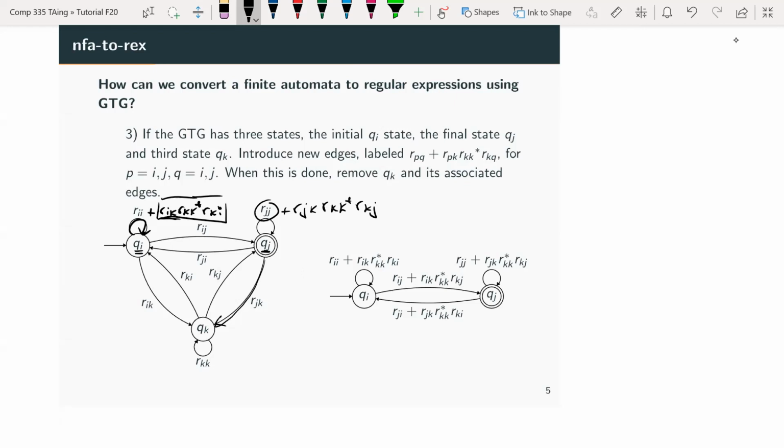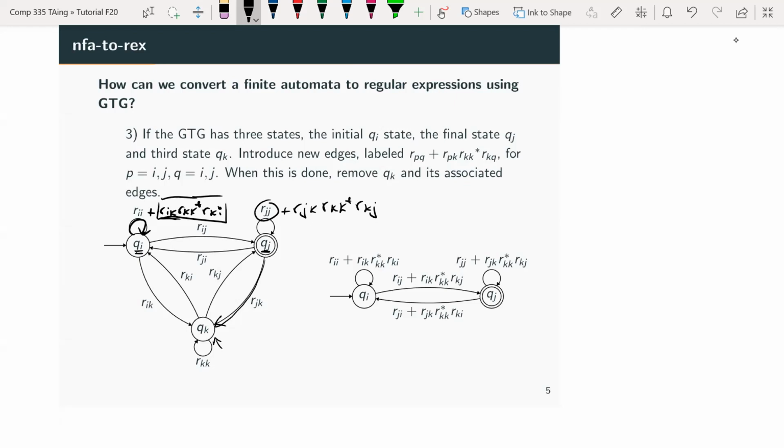So you repeat the process. You can do the same thing to go from QI to QJ, using QK as an intermediary, and the same can be said for going from QJ back to QI.